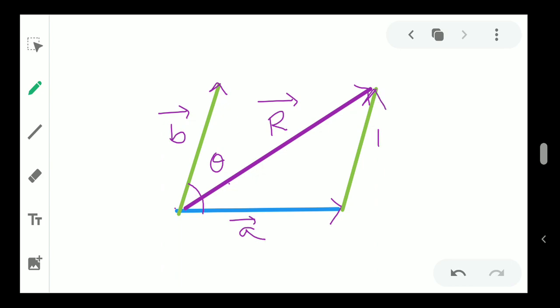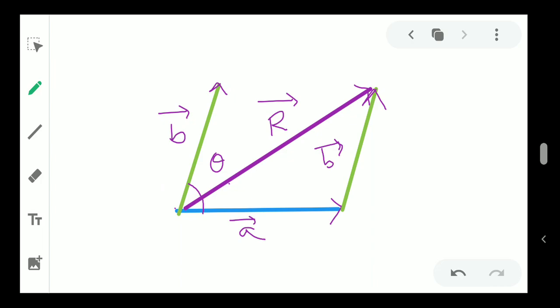So this is my B vector. What I have to do right now is find out the value of R.